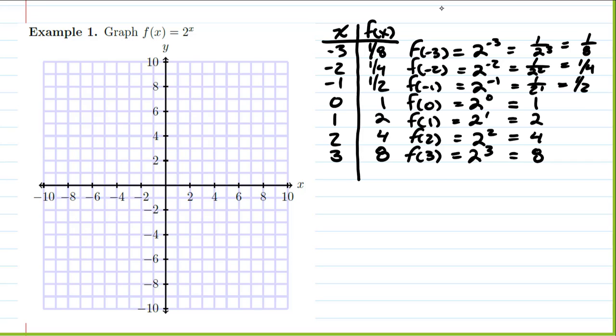So if we were to plot some of these points, we go to -3 and an 8, -2 and a quarter, -1 and a half, 0 and 1, 1 and 2, 2 and 4, and 3 and 8. And we get something that looks like this.